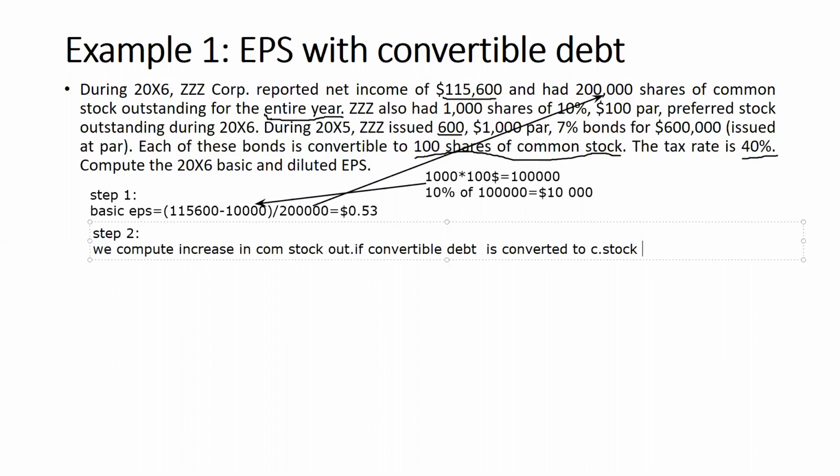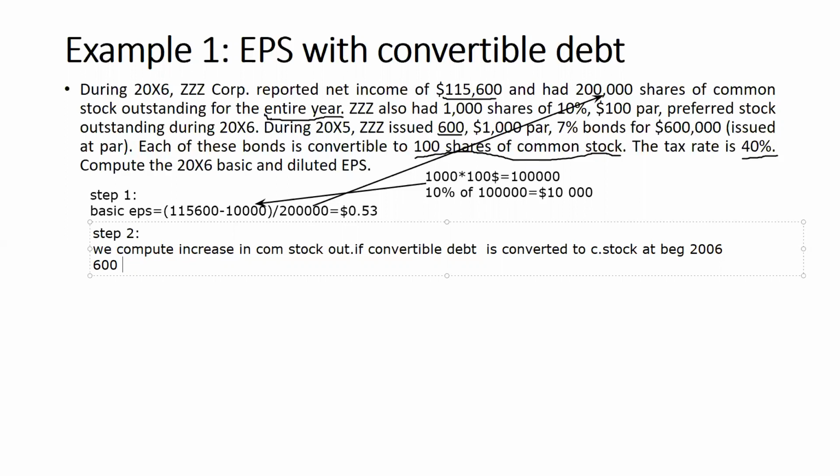So the shares issuable: we said there are 600 bonds available, and for each bond there will be 100 shares of common stock.